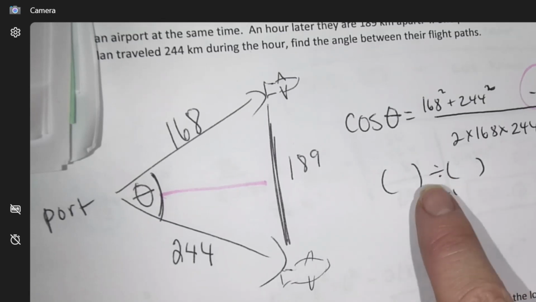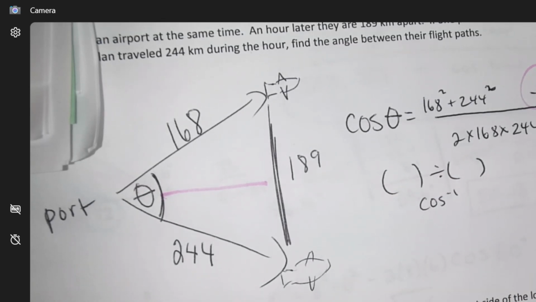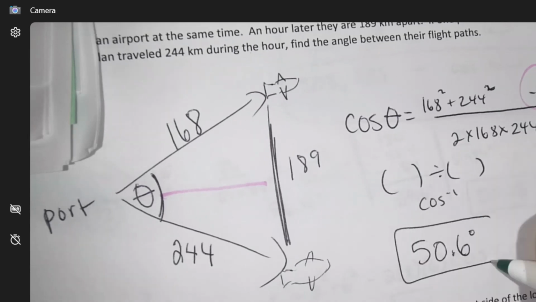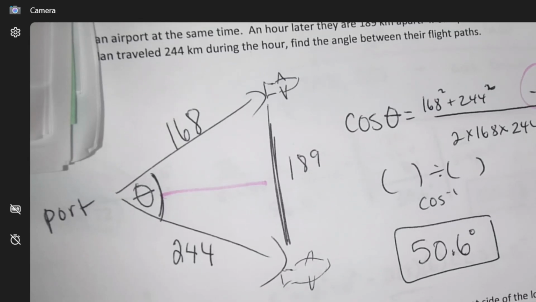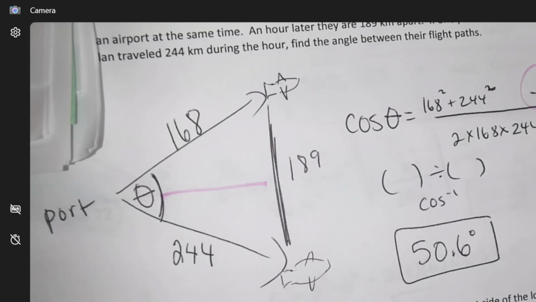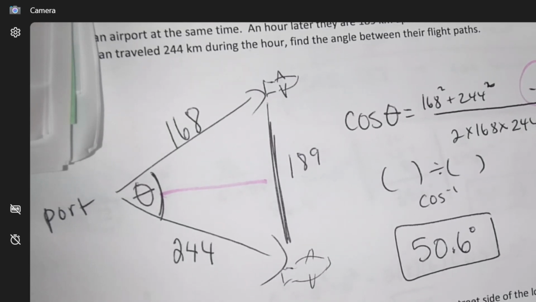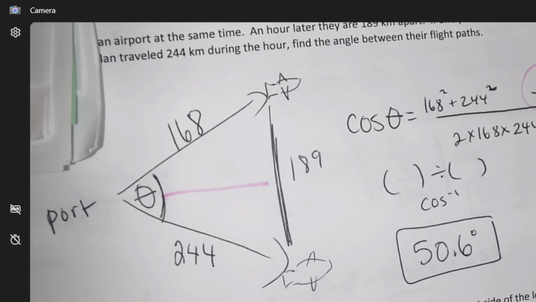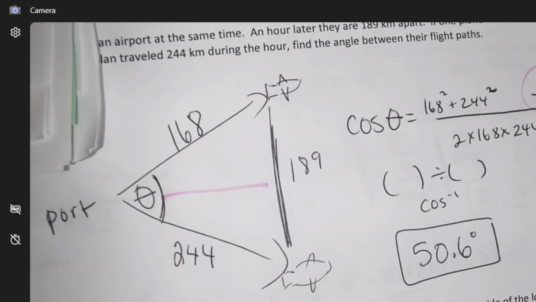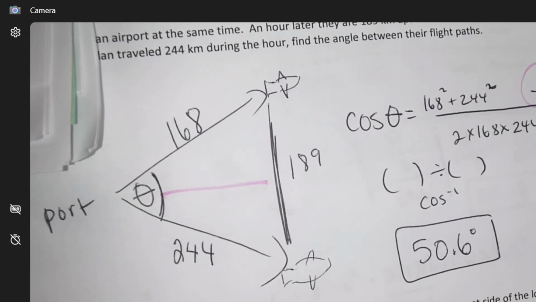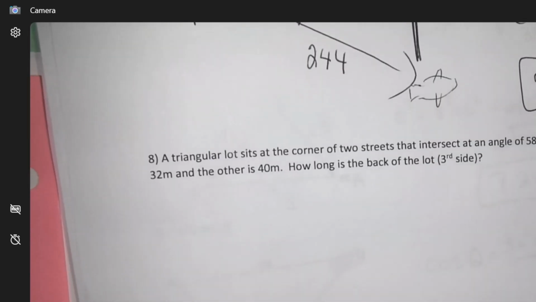Okay, and again, I'm showing you kind of my ideas on my calculator, brackets, cos inverse. All right, that's good.